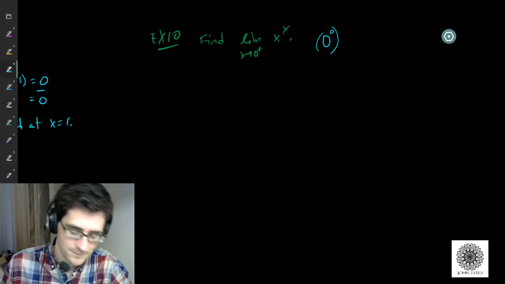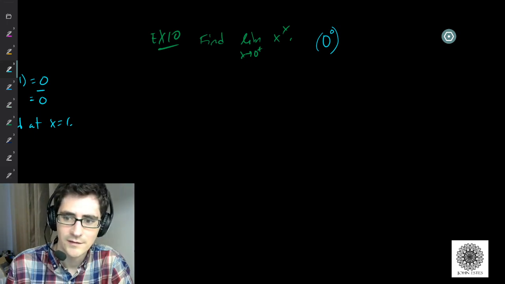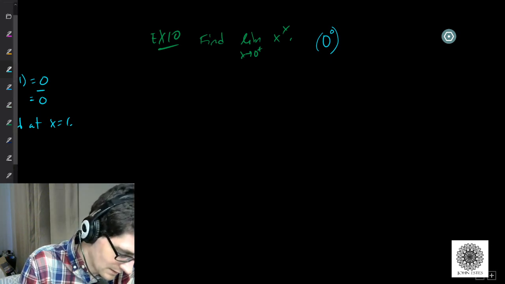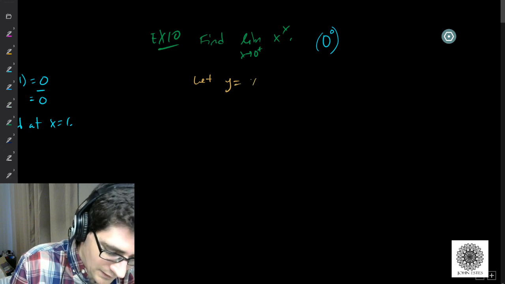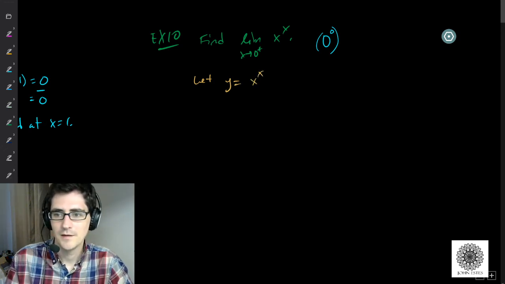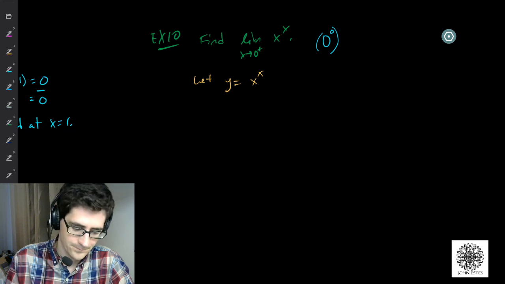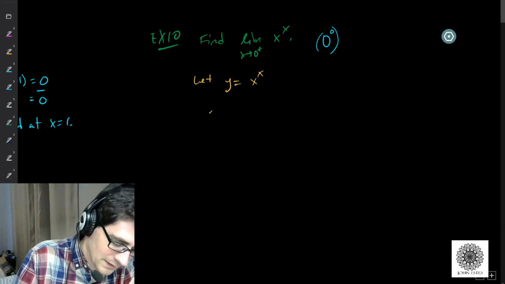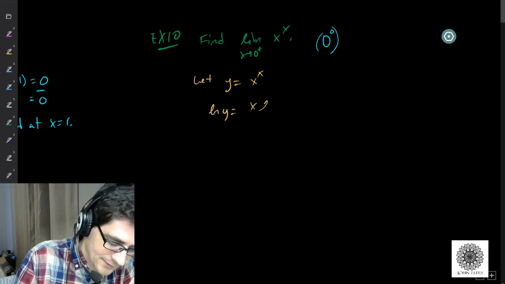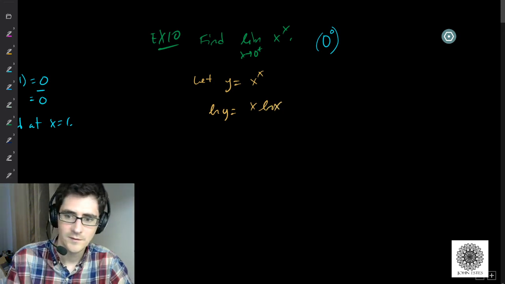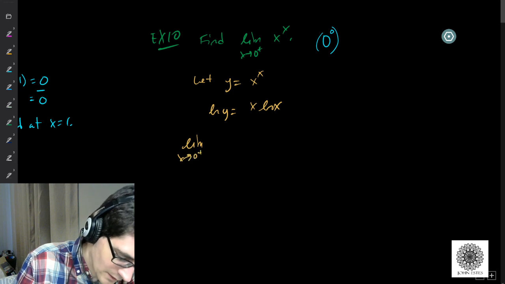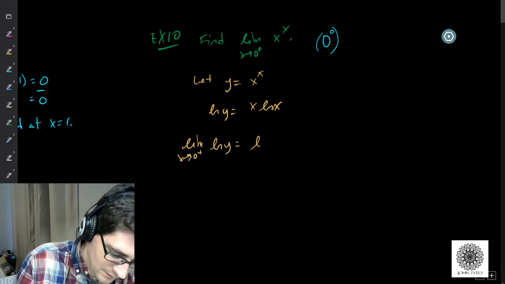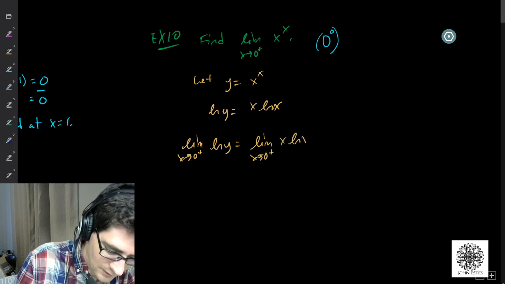All right, so again, what we're going to do is the same idea. We're going to let y equal this x to the x power. Okay? And when I take the ln of both sides, I can get x ln x. So now what I'm doing is I'm evaluating the limit as x approaches 0 from the right of ln y, which is the limit as x approaches 0 from the right of x ln x.